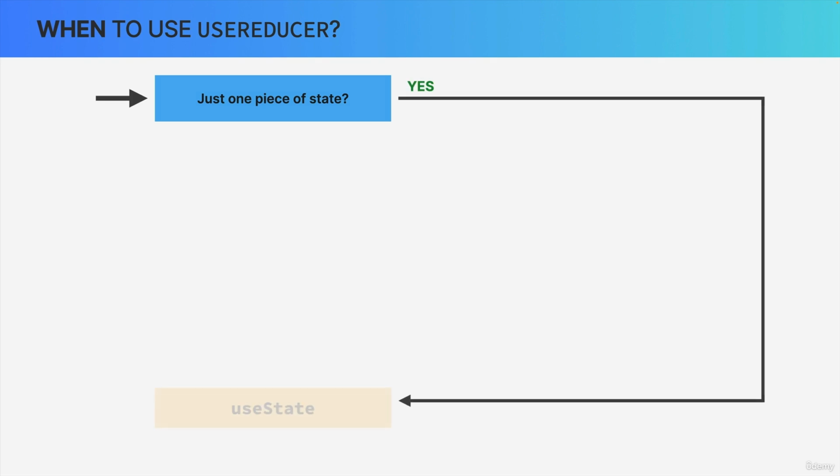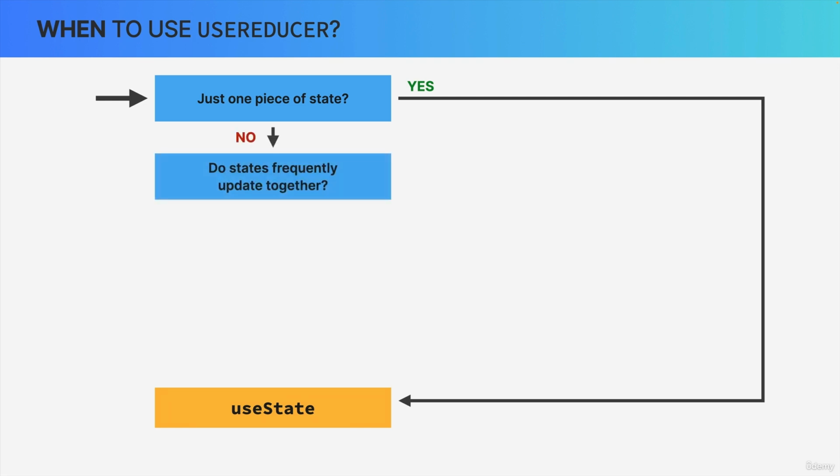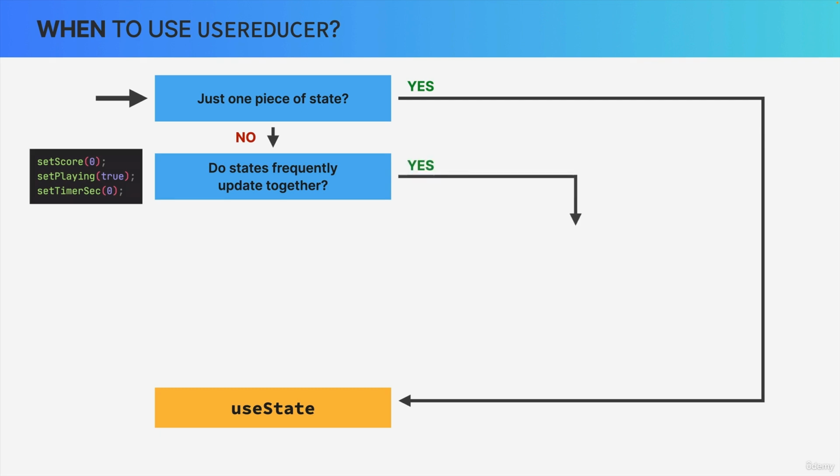We just use one useState hook and call it a day. Now, if we do need more than just one piece of state, the next question to ask is, do my states frequently need to be updated together? So just like in that game example from earlier. And if the answer is yes, then we might have a good use case for a useReducer.